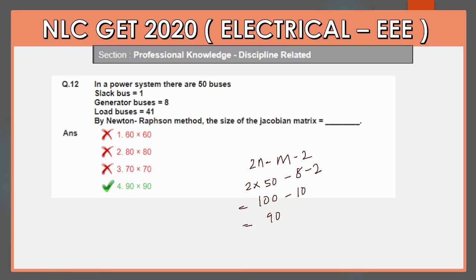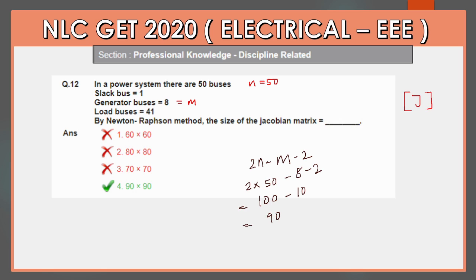Next question, in power system there are 50 buses, so N is equal to 50, and slack bus is 1. Generator buses are 8, which is M. It is saying by Newton-Raphson method, what is the size of the Jacobian matrix, the J matrix?